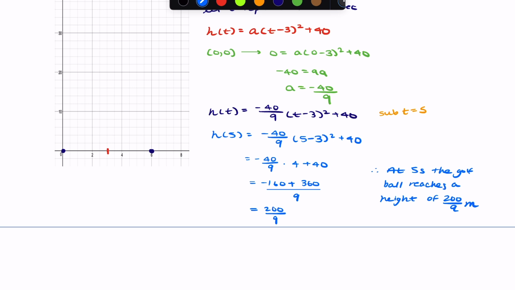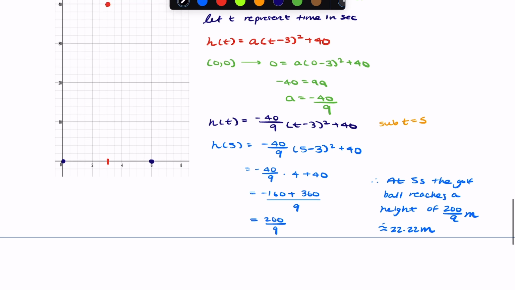And if we approximate that, that's approximately 22.22 meters here. Here, if we look at our graph, we can just sketch it a little bit. So again, follow this parabolic path starting at 0 and then landing back at 6.